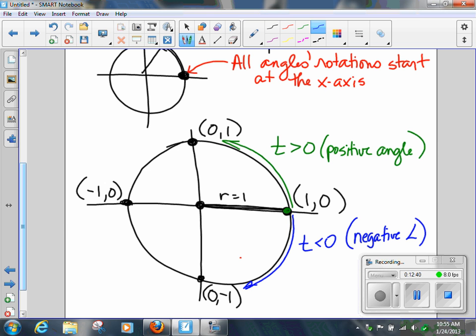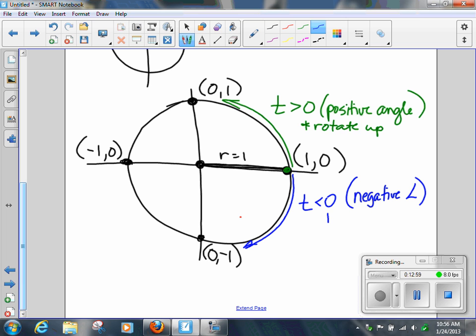Now, I just want you to make this notation. If it's a positive angle, you got to know that we rotate up. And if it's a negative, it rotates down.